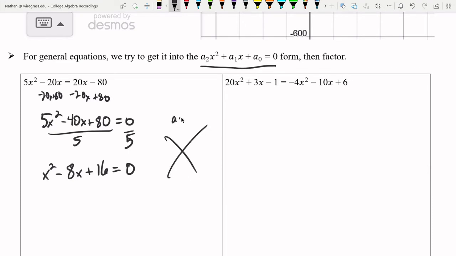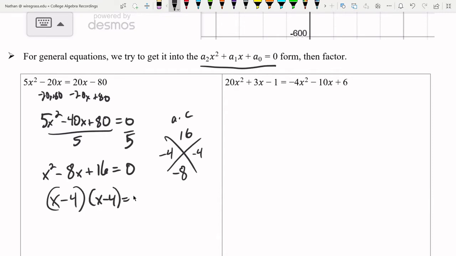A times c is 1 times 16, and b is negative 8. Two numbers that multiply to give 16 and add to give negative 8: negative 4, negative 4. Since a is 1, I can immediately factor this down using (x minus 4)(x minus 4).